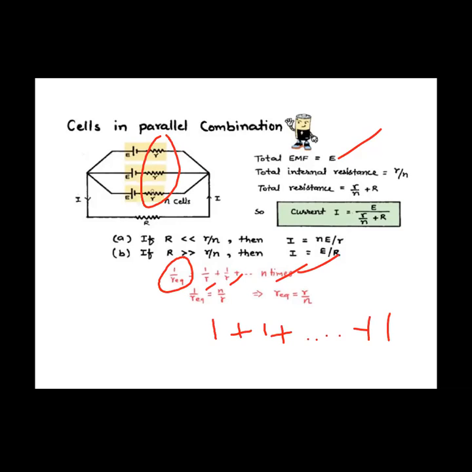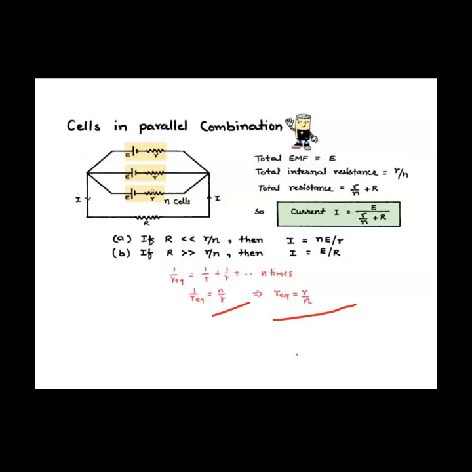So what comes on top, beta? n. So you will have n by r. This is 1 upon r parallel, and if we take the reciprocal, it would be r by n. So this is the total internal resistance, that is r by n.